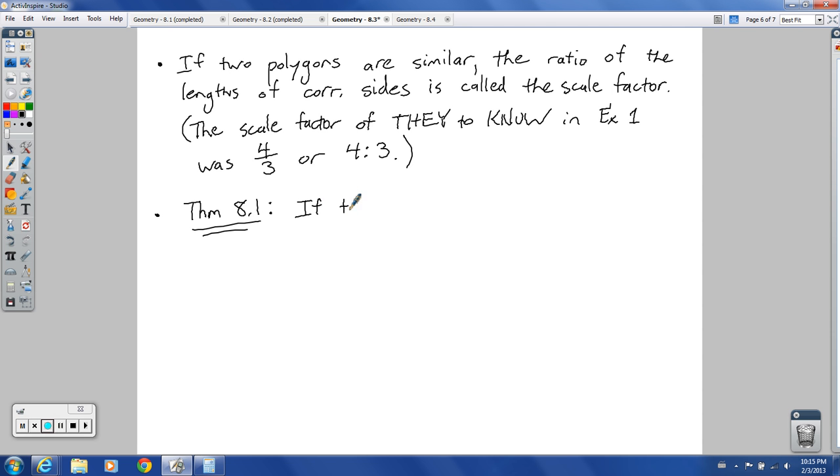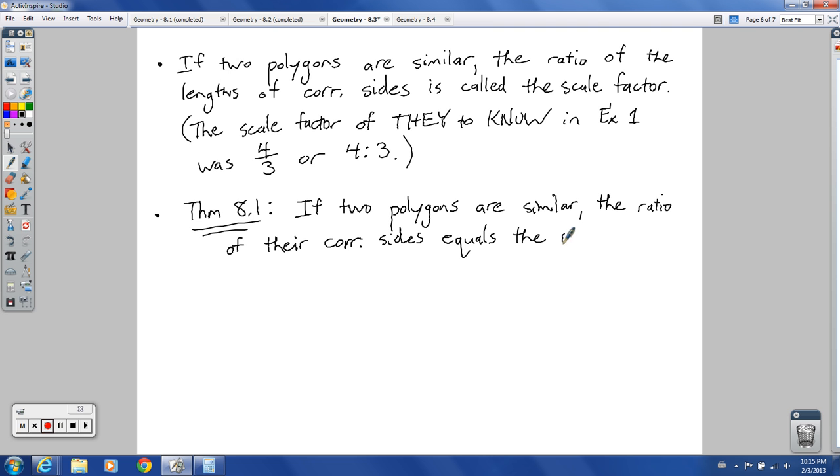If two polygons are similar, the ratio of their corresponding sides equals the ratio of their perimeters.